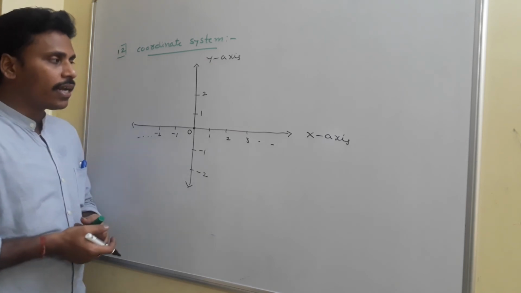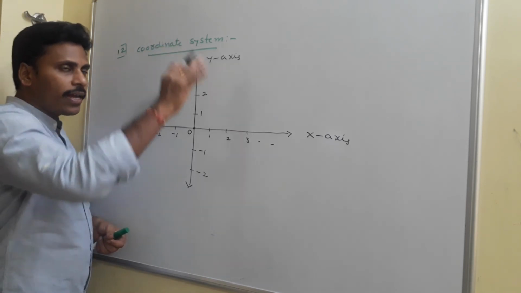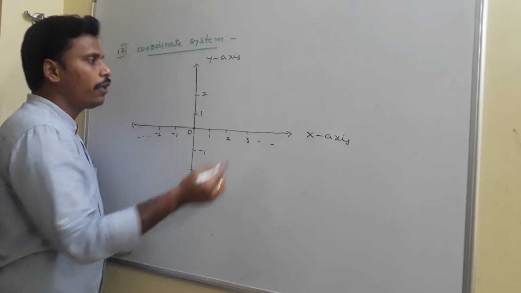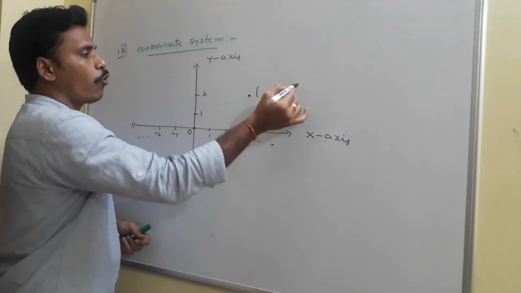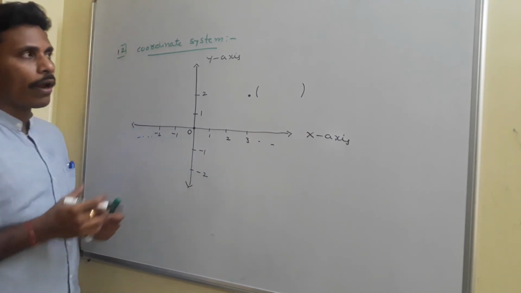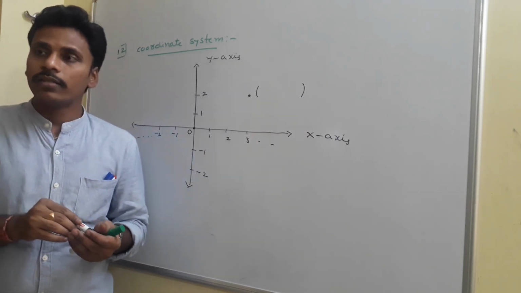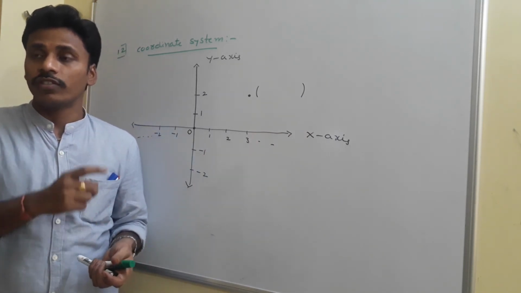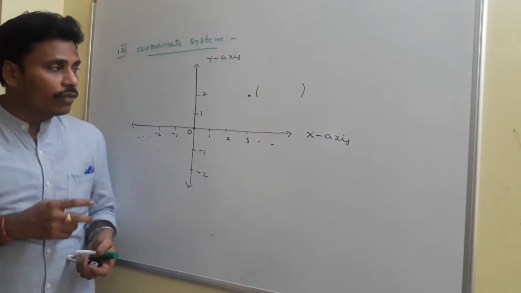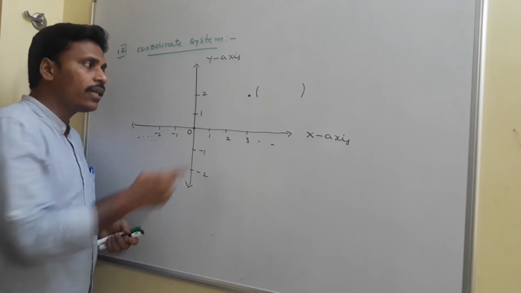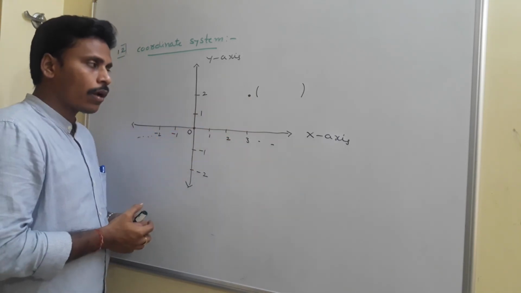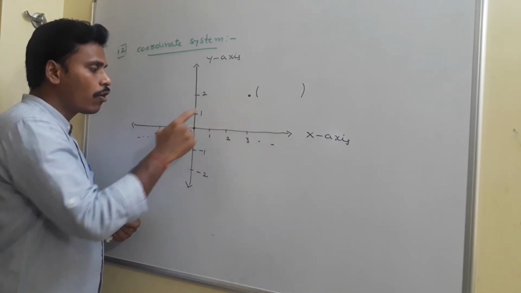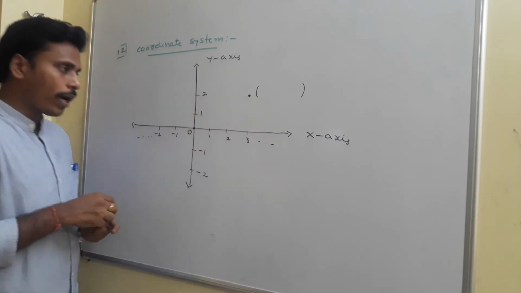And as per Rene Descartes, a plane consists of an infinite number of points. If you have a point here, then how do you address this point? You need to address that point with certain specifications, with certain directions. So we address that point by its distance from the origin along the horizontal line and by its distance from the origin along the vertical line.